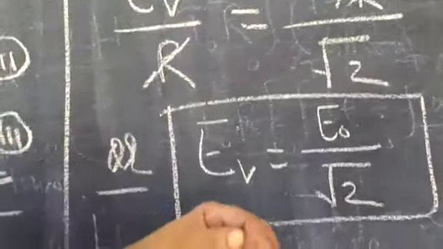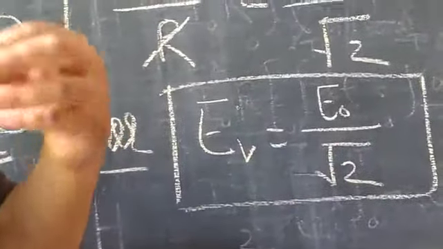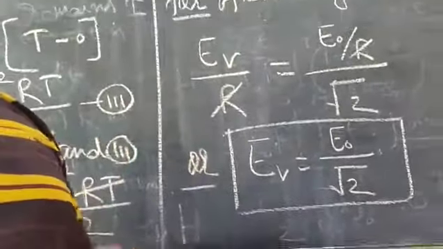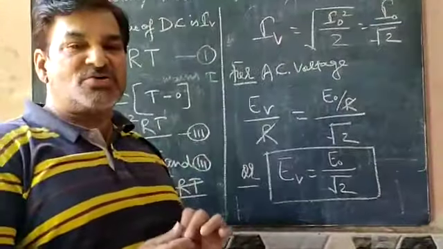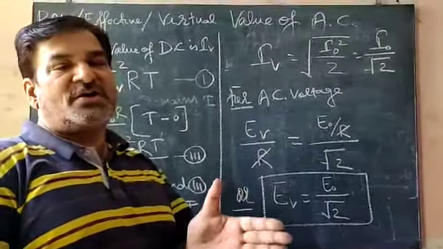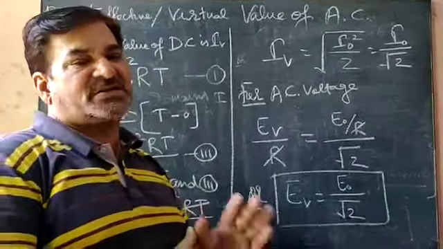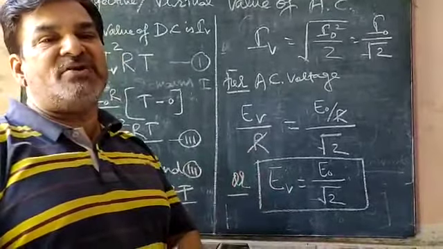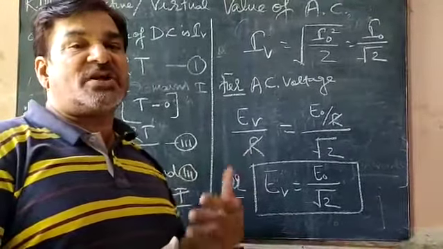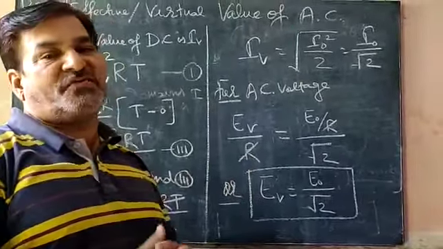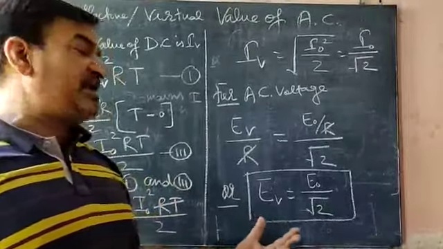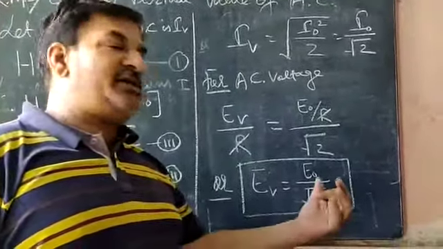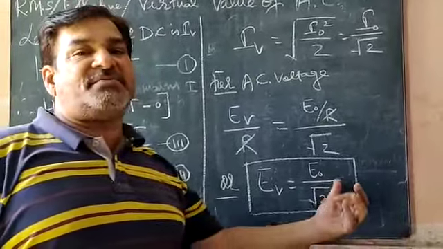We used to say that in India we get AC in our houses at 220 volt 5 ampere. This is the domestic supply. These 220 volt and 5 ampere values are RMS or effective or virtual values of AC, while we know that the peak value of AC is 311.